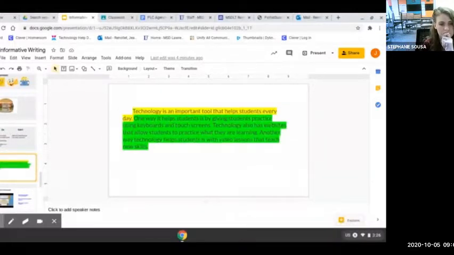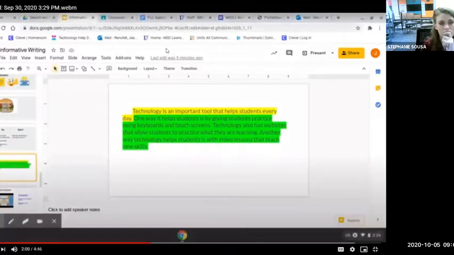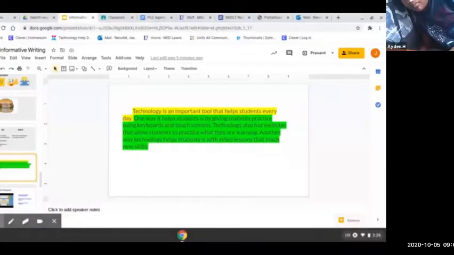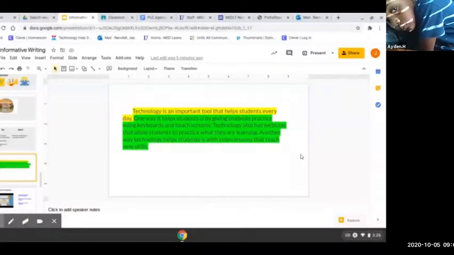Here is an informative paragraph. Technology is an important tool that helps students every day. One way it helps students is by giving students practice using keyboards and touchscreens. Technology also has websites that allow students to practice what they are learning.